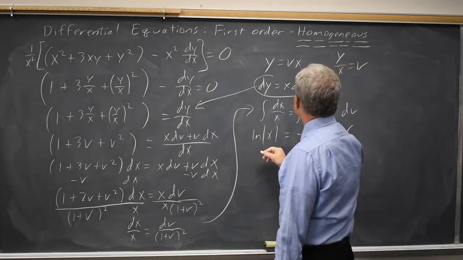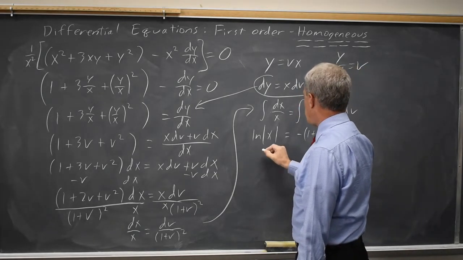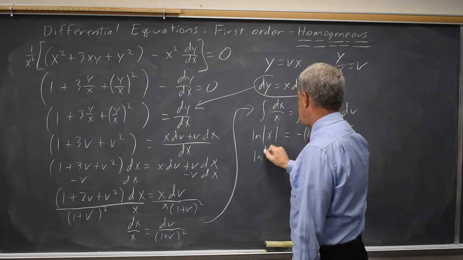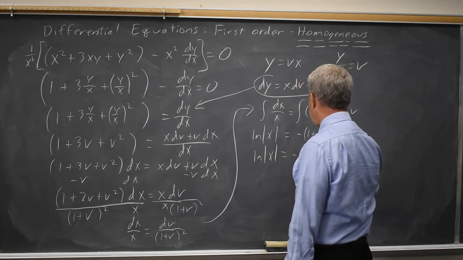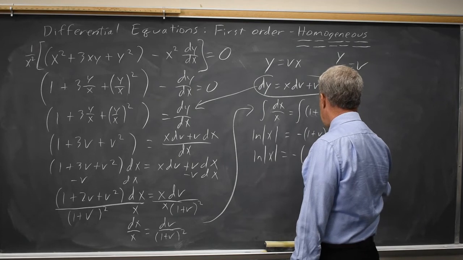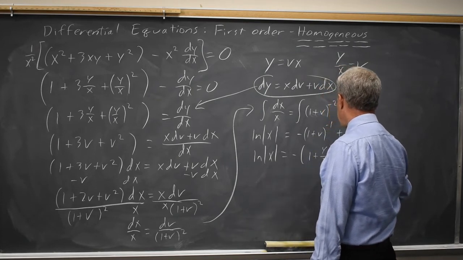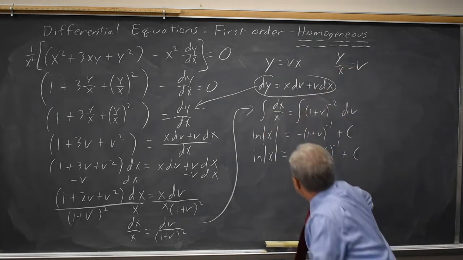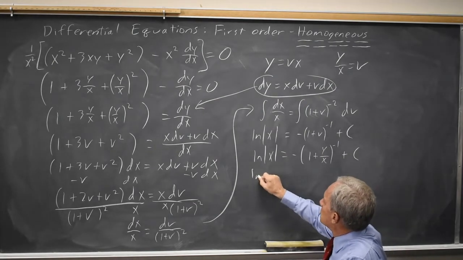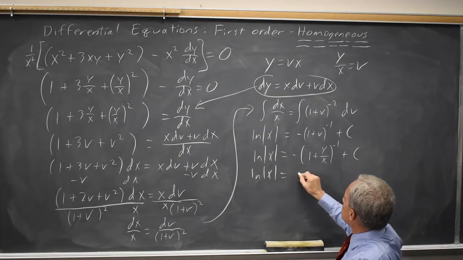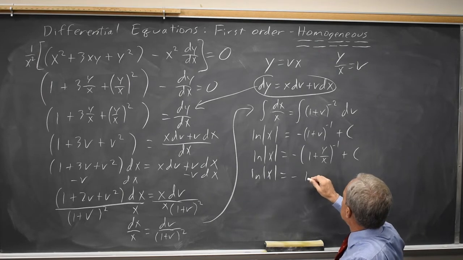So let's return to y. ln x equals negative 1 plus y over x, the negative 1 plus c. Common denominator on the right. X over x plus y over x.